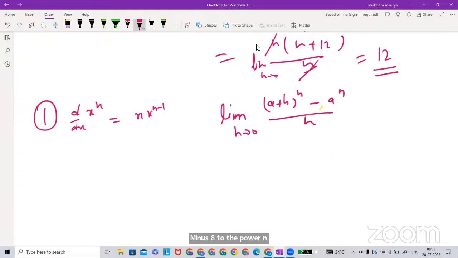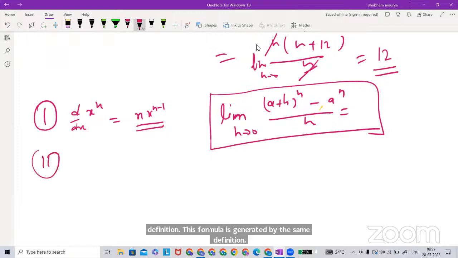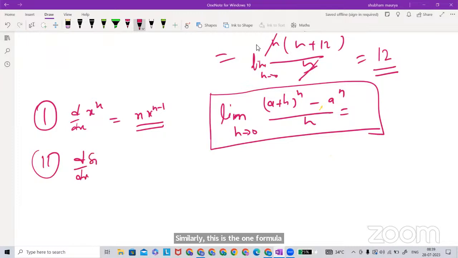Once you take the limit, the formula comes out like this, generated by the same definition. Similarly, the derivative of sine x is cos x.